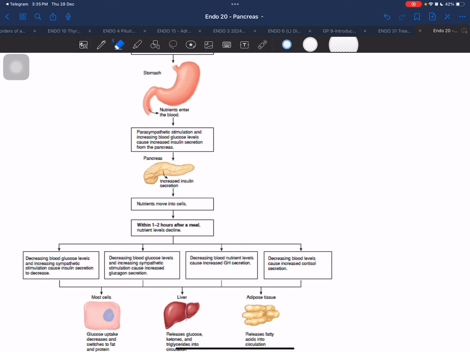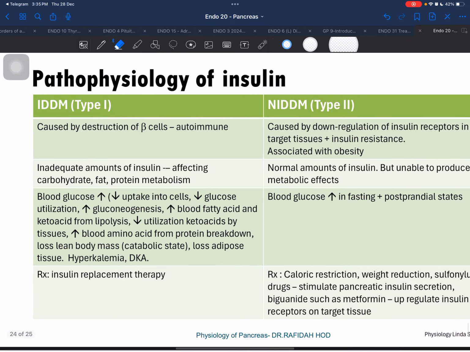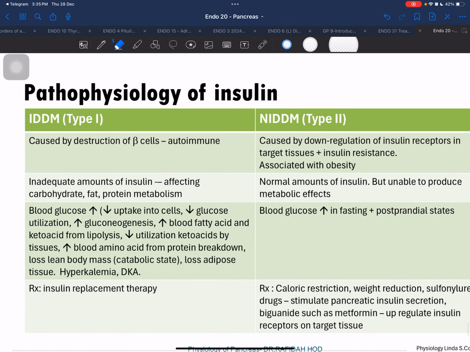And then the pathophysiology, which I only gave a bit of, will also be covered extensively in Peto. Basically, we have two types of diabetes mellitus. I hope you are quite familiar because many people have diabetes. Is there anyone who doesn't have diabetes in your family? If none, it means it's quite common.